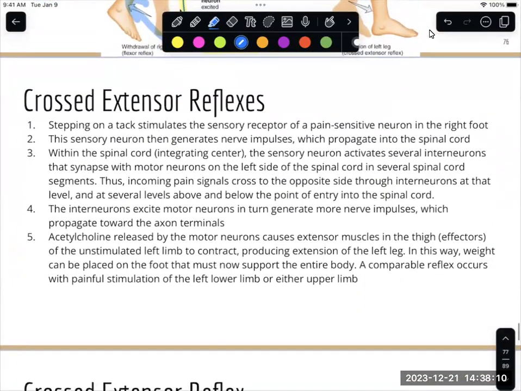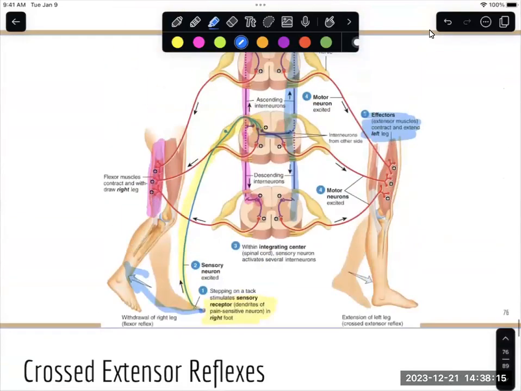So this goes through the step-by-step what is happening in those cross extensor reflexes, but it's just sending information to both sides of the spinal cord so the correct muscles can contract to number one, pull your leg away. Number two, you can maintain your balance.